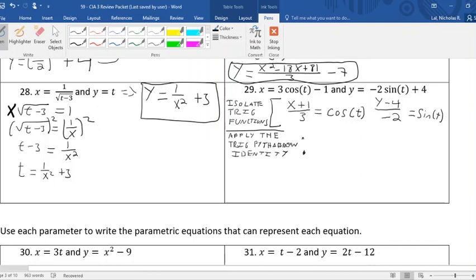That trig Pythagorean identity is sine squared of t plus cosine squared of t is equal to 1.